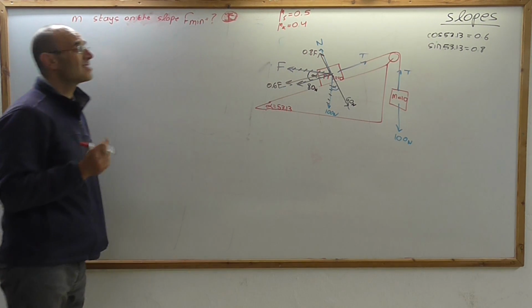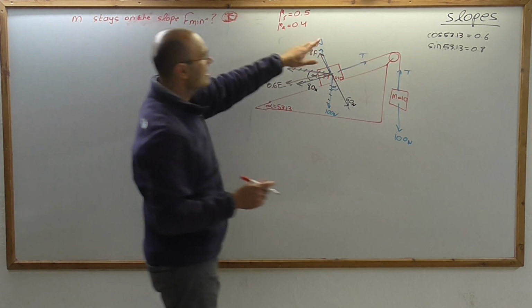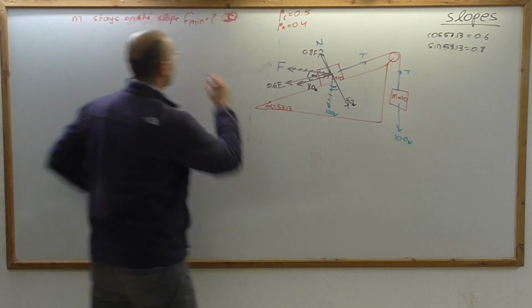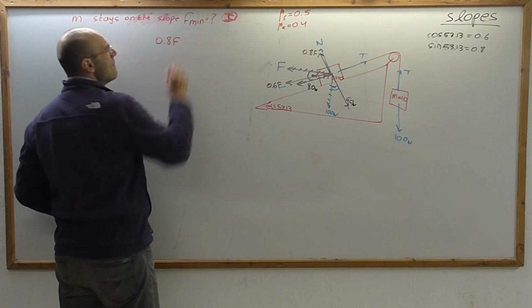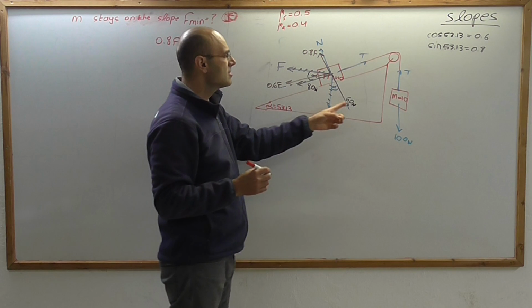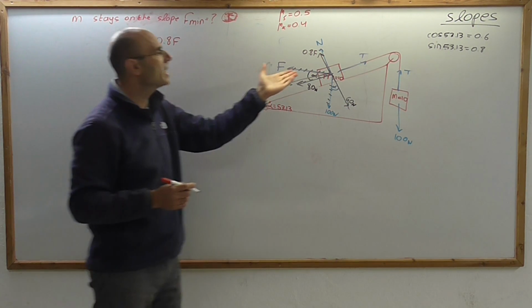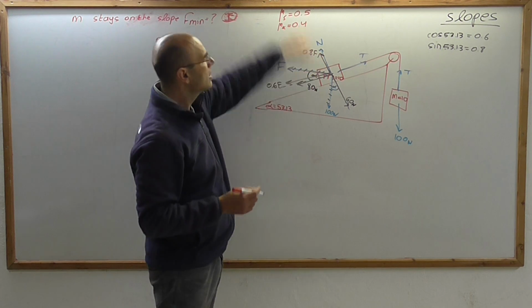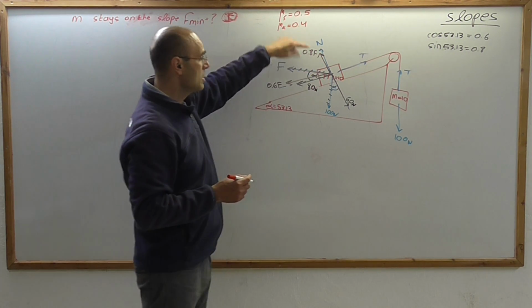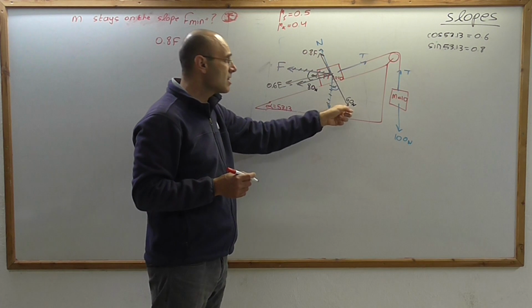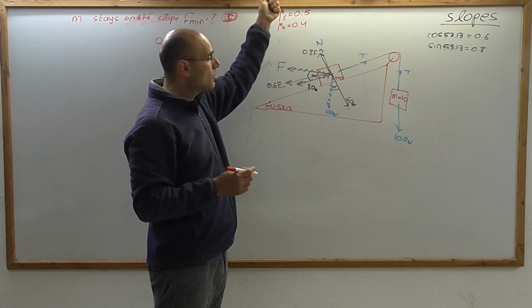So what I must ask is that the 0.8 F must be smaller than 60, because if it's more than 60, what will happen to the mass? It will go up, because if this force is bigger than that force, it will go up.